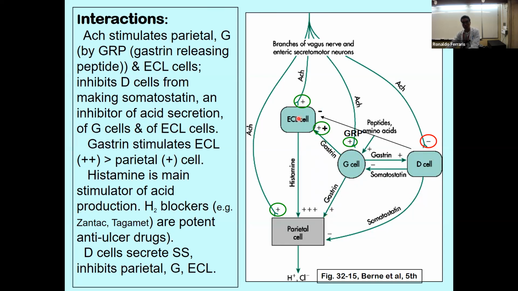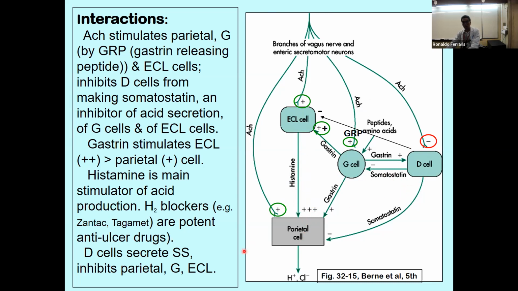Now histamine is the main stimulator of acid production, as shown here by the numerous pluses. So after all of these interactions and potentiation, at the end of this, histamine is really the biggest stimulator of acid secretion. That's why H2 blockers alone are potent anti-ulcer drugs.